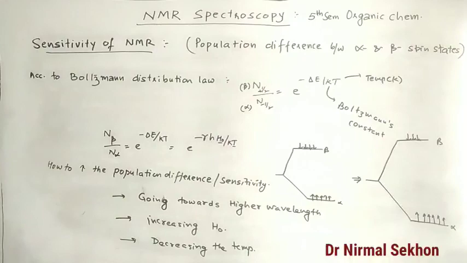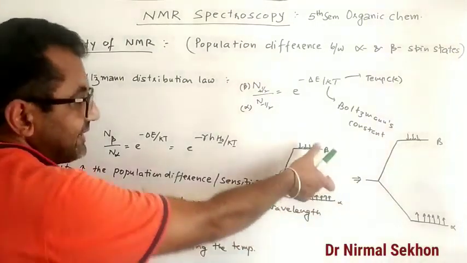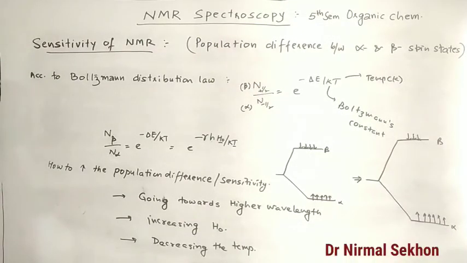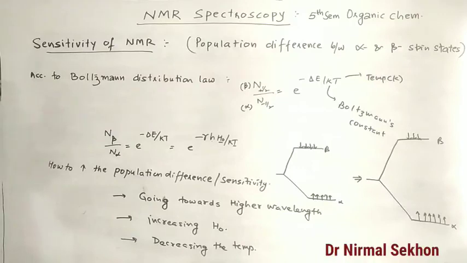Similarly, delta E: when we increase the external magnetic field, the difference between alpha and beta state will increase. Going towards higher frequency may also increase the population difference between the two spin states. So these are some factors which may increase the population difference, or sensitivity, of NMR, because sensitivity depends upon the population difference between alpha and beta.